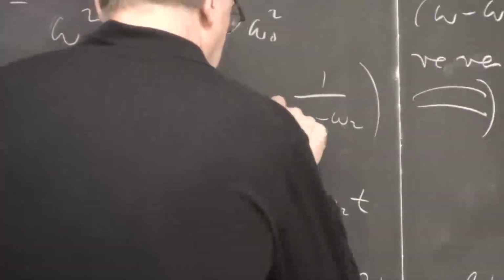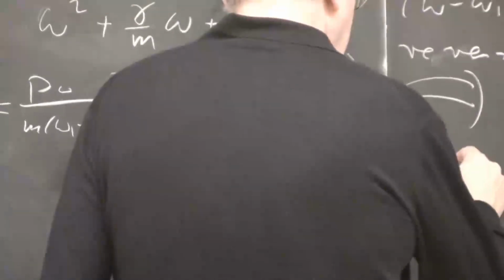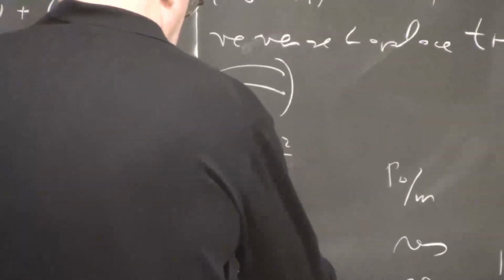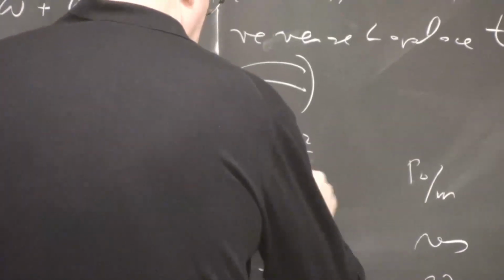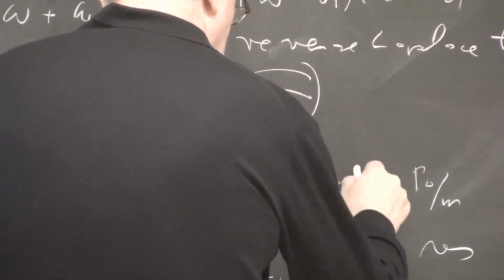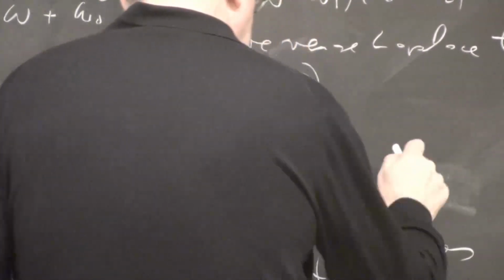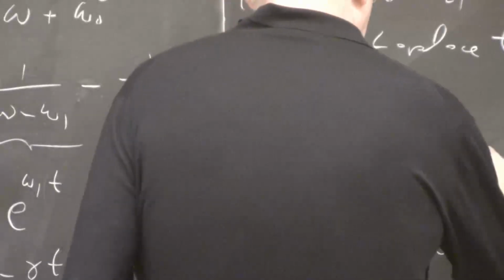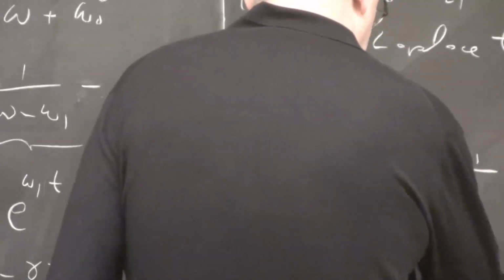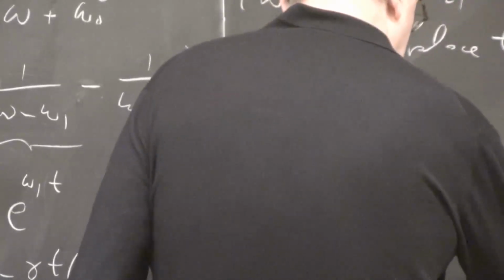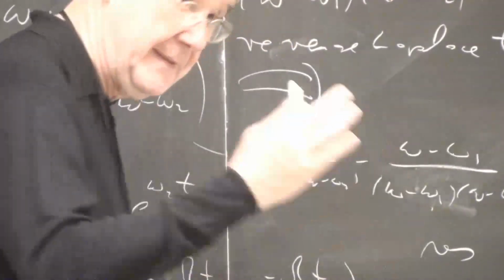So if we put here now, let's do the calculation quickly, we're getting omega minus omega 2 divided by omega minus omega 1 times omega minus omega 2. Okay, and then minus, and now we're getting here omega minus omega 1 divided by omega minus omega 1 times omega minus omega 2. And now the omegas go out.